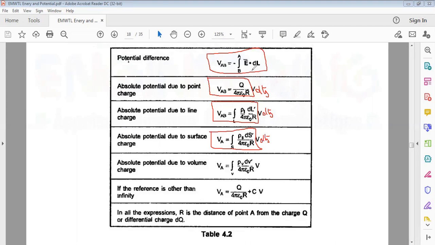After substituting the values, dL is equal to dR into aR. From that, we derived the expression of the absolute potential due to the point charge, Q by 4 pi epsilon naught R. The volume case is also the same, by substituting dQ equal to rho V into dV.